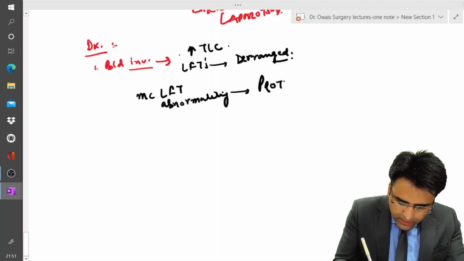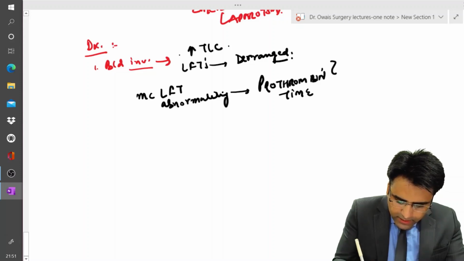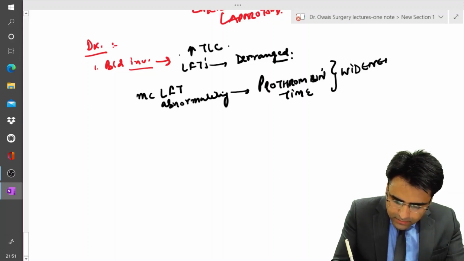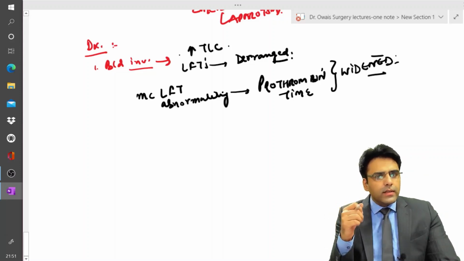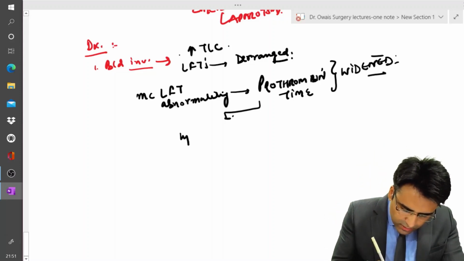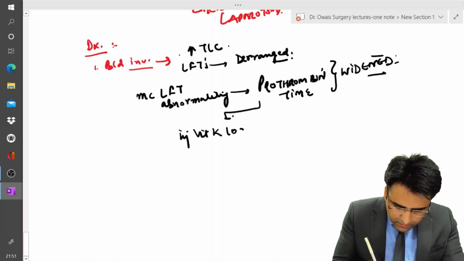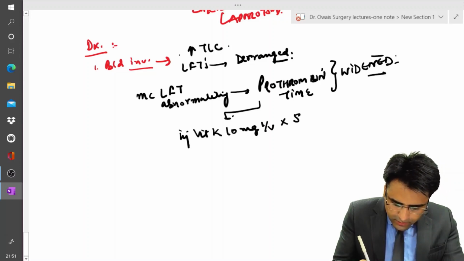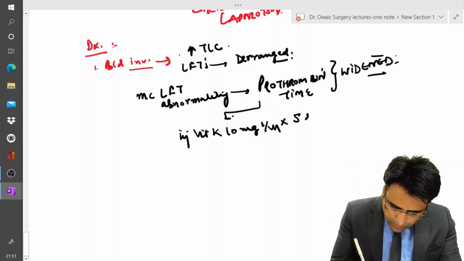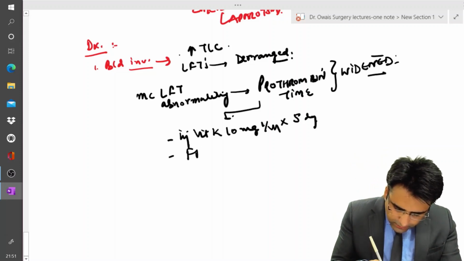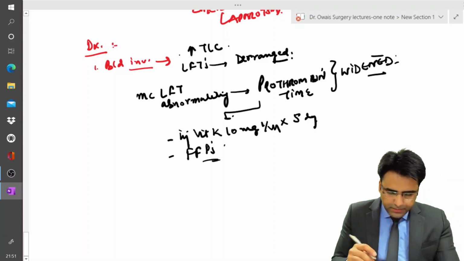It is prothrombin time. Widening of prothrombin time is the most common LFT abnormality. How are we going to correct this? We give injection vitamin K 10 milligrams intramuscular for 5 days, and FFP transfusion can also be given.